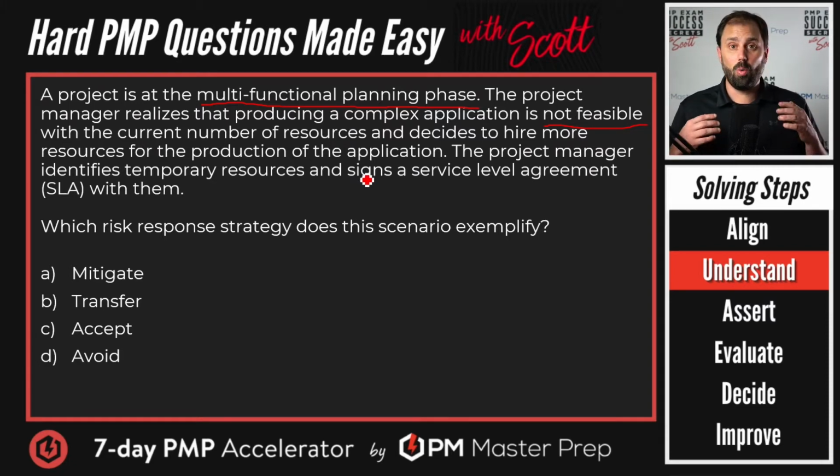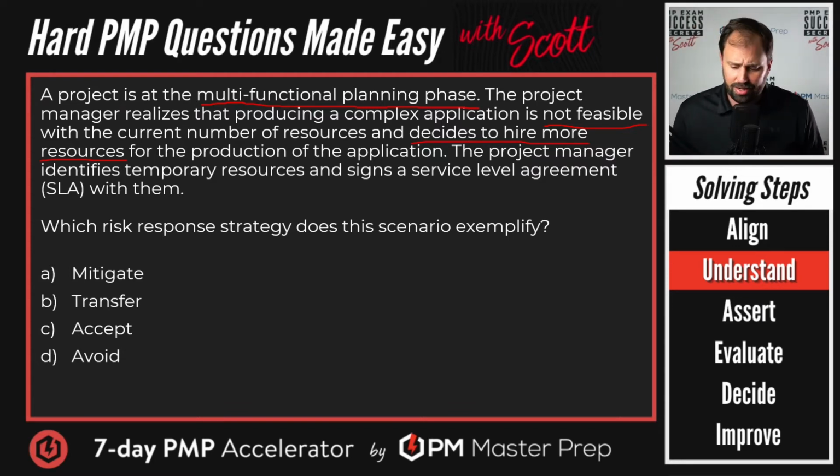So it's asking what risk is here and how did we react to it? We found a risk. How did we react to it? What did we do? We decided to hire more resources for the production of the application. So we went out there, we signed a contract, an SLA, and we got more people in. So we have taken action.